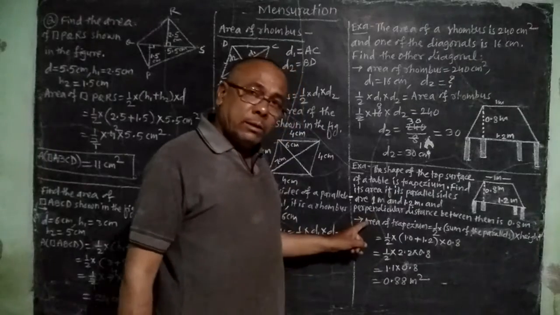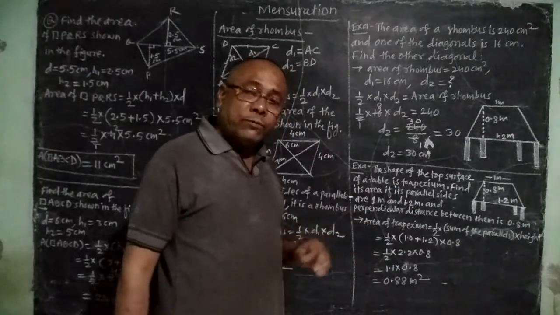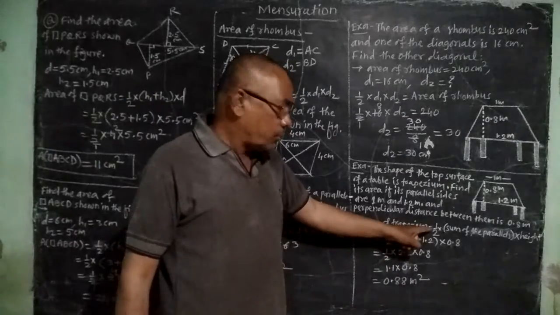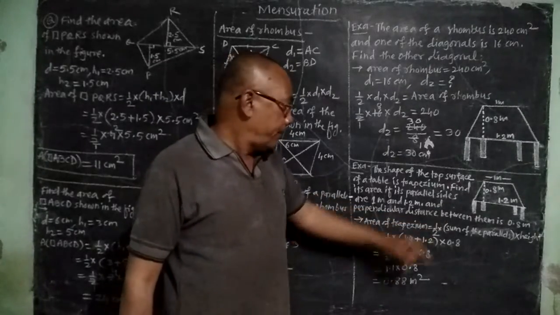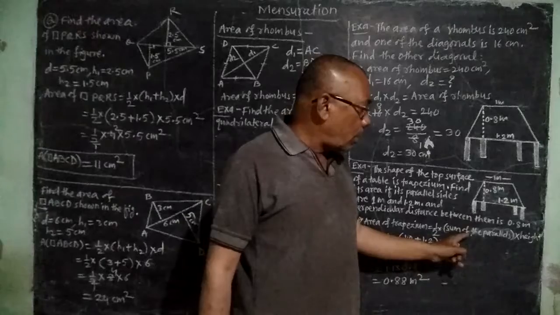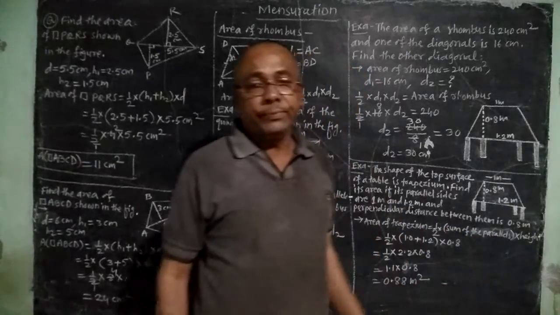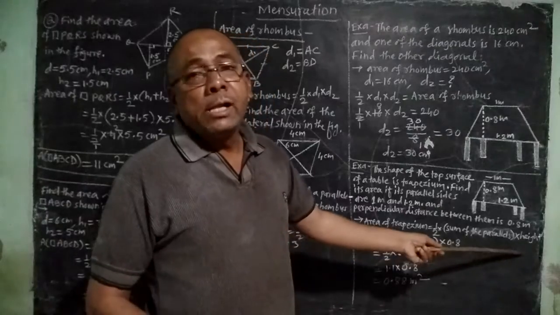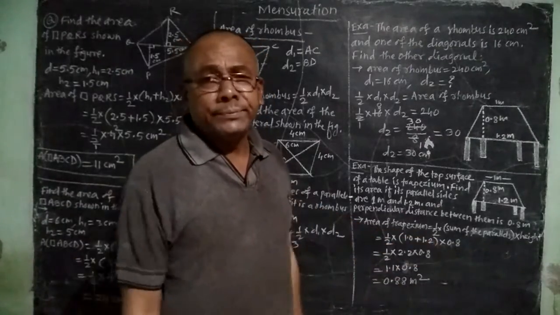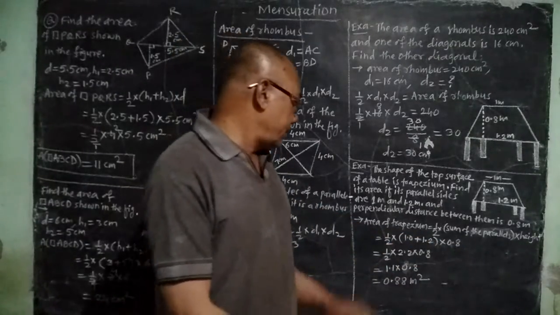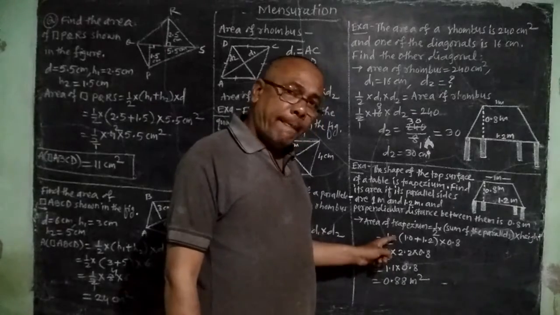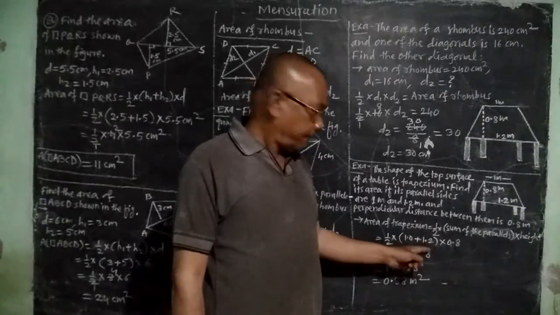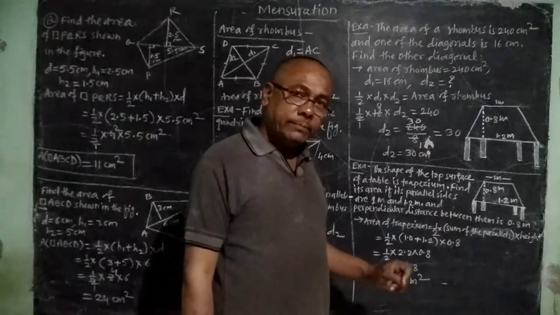Here we write the formula we know: area of the trapezium is equal to 1/2 into the sum of the parallel sides, into height. So 1/2 into (1.0 plus 1.2) into 0.8.